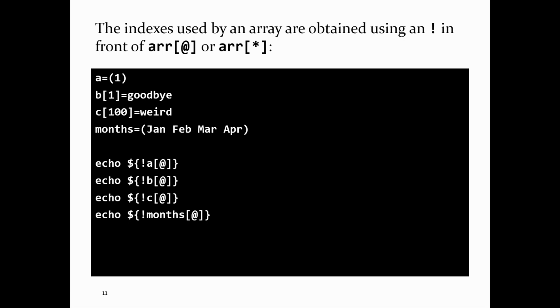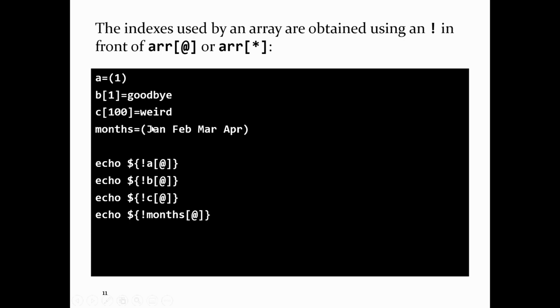So A equals 1 makes an array A whose element at index 0 is 1. So that will print out 0, because it uses the index 0. B1 is goodbye, so that'll print out 1 because it uses index 1. C100 equals weird, that'll print out 100 because it uses the indexed element 100.